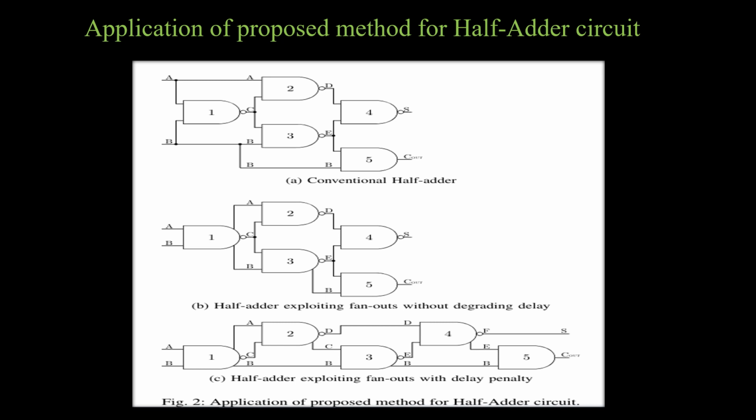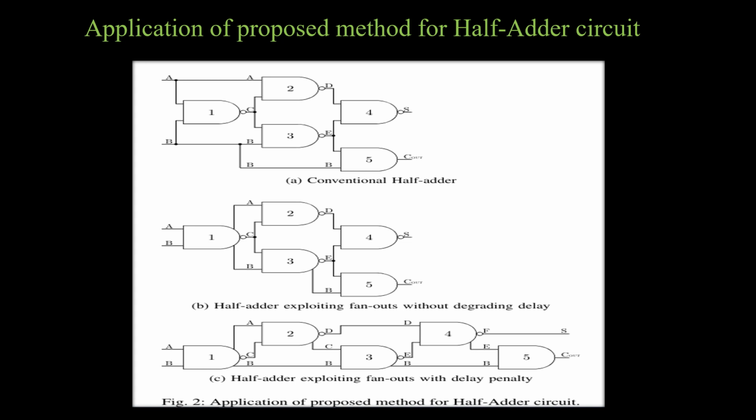This basic design is straightforward but does not feature any optimization for energy efficiency or delay. Half-adder exploiting fanouts without regarding delay, that is the second diagram. This configuration modifies the conventional half-adder by optimizing the layout to exploit fanouts without increasing the signal delay.